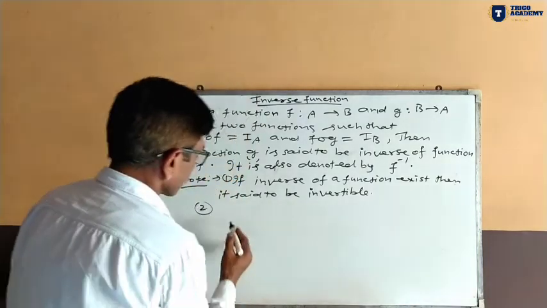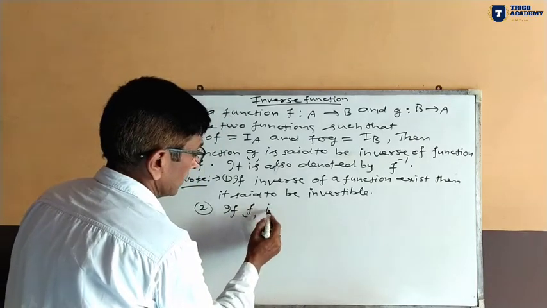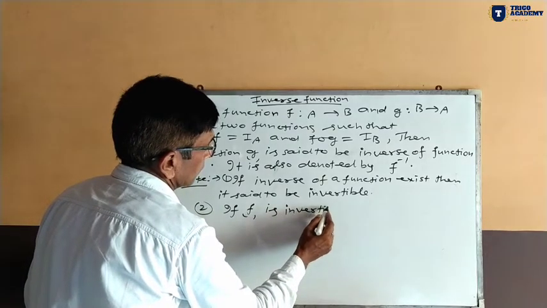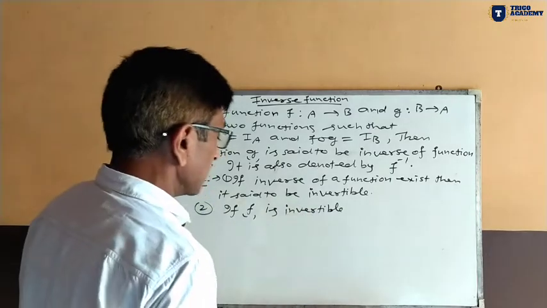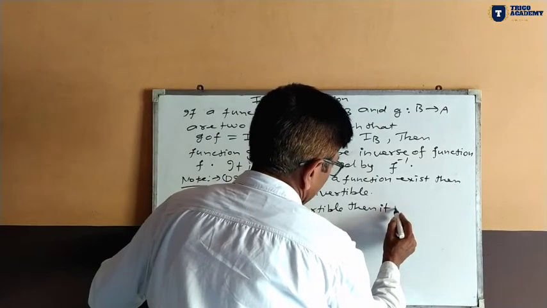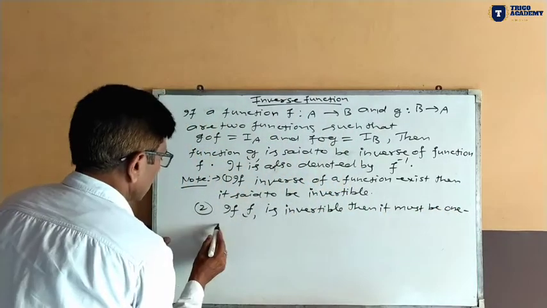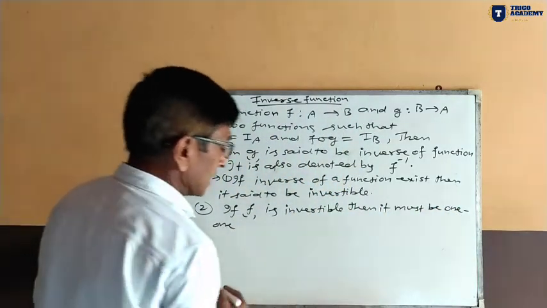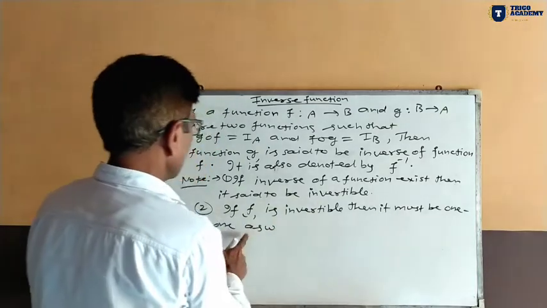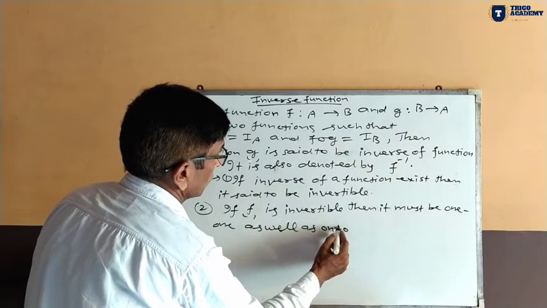Second, if function f is invertible, then it must be 1-1 as well as onto.